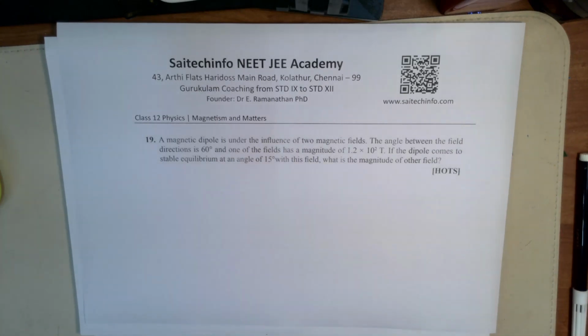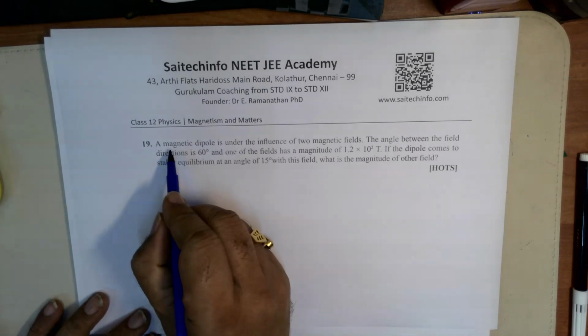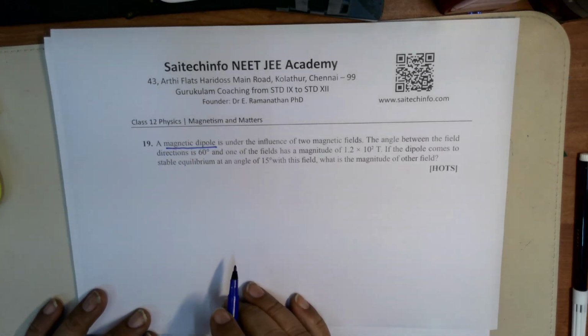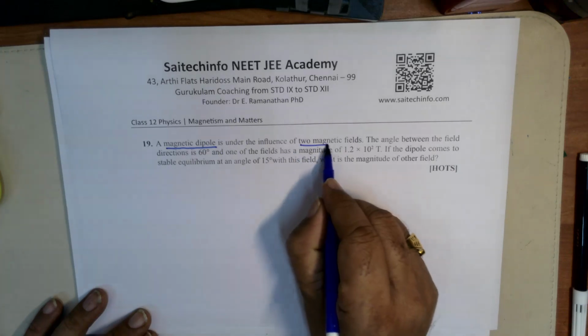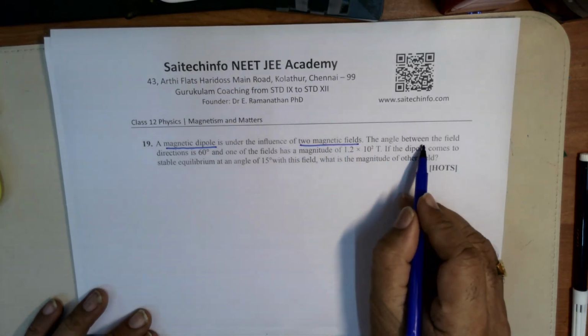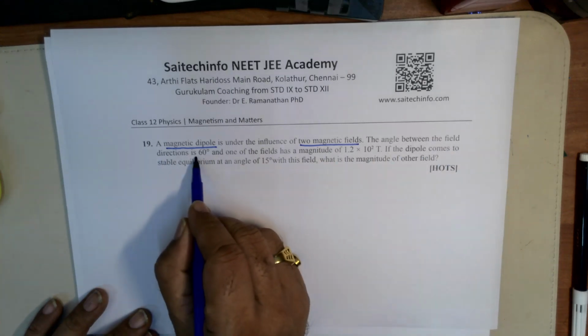A magnetic dipole is under the influence of two magnetic fields. The angle between the field directions is 60 degrees.